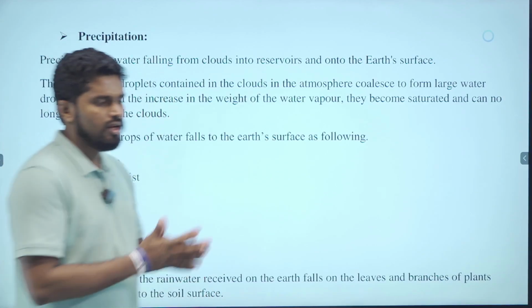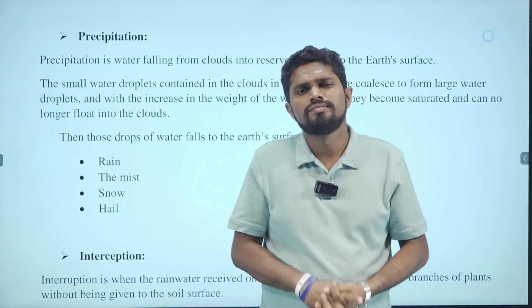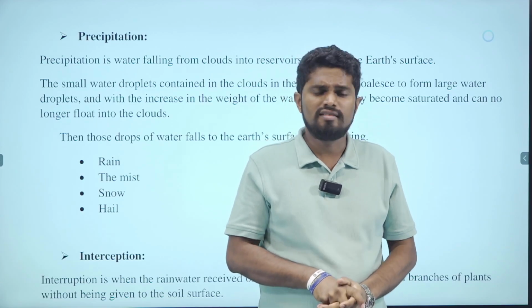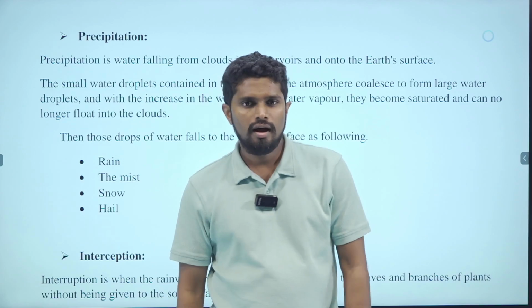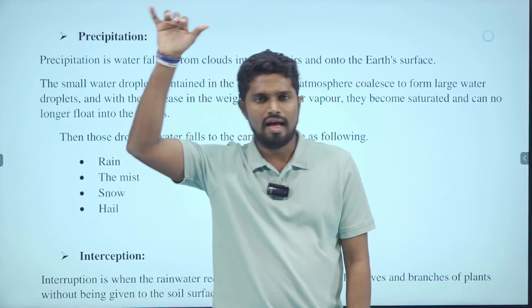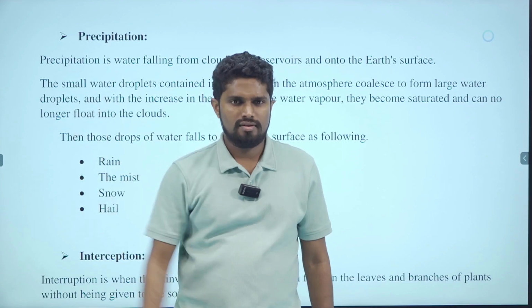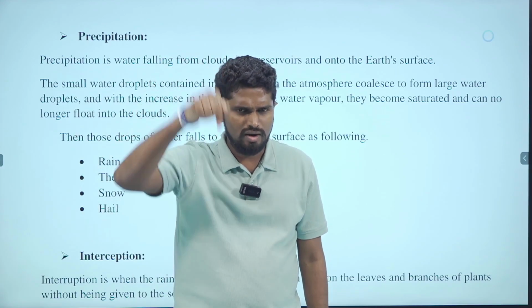And how does snow happen? If we consider Sri Lanka, can it happen snow? How does snow happen? You know there is a cloud, there is liquid water, and that water comes to the ground.